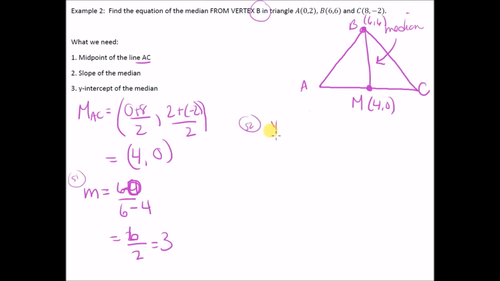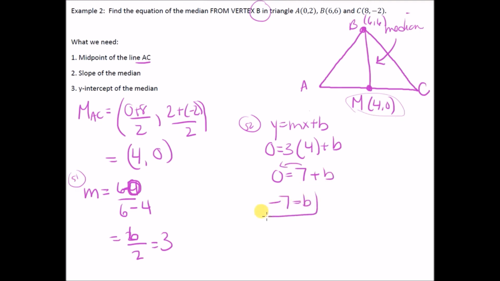Step 2, y equals mx plus b. I'm going to use the midpoint because it has a 0 in it. So 3 times 4 plus b, that's 12... I mean 7. And bring that 7 over, get negative 7 equals b.